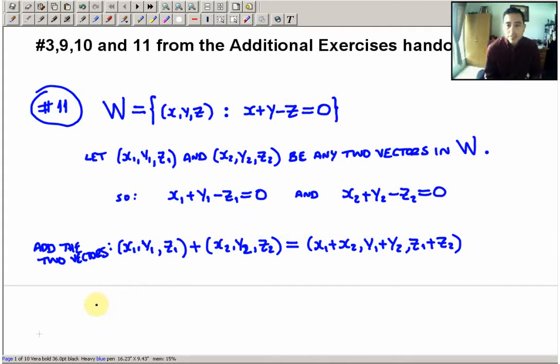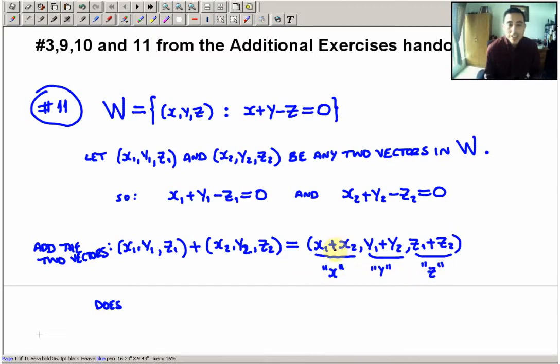This is the new vector. This is your x here, this is your y, and this is your z.